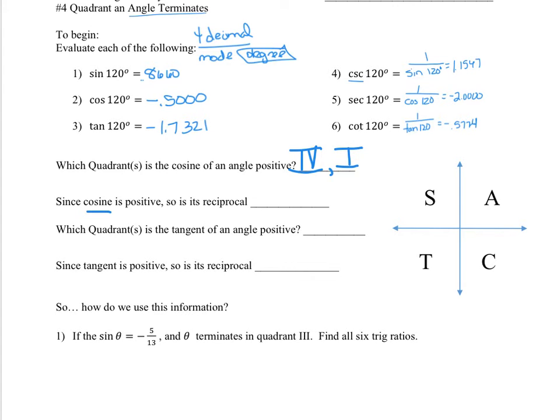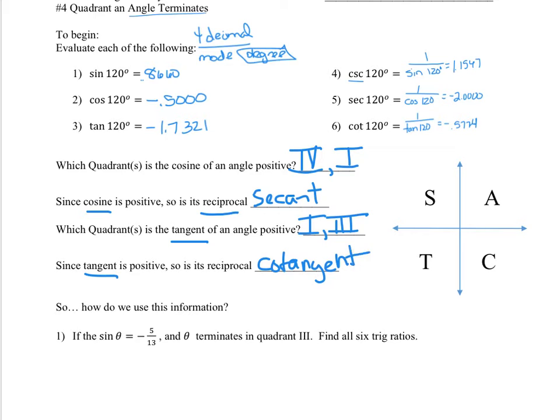And since cosine is positive in those 2 quadrants, its reciprocal, which is secant, is also positive. Okay, tangent is positive in quadrants 1 and 3. So when you did the 240, tangent of 240 should be positive, but not sine or cosine. And since tangent is positive, so is cotangent.